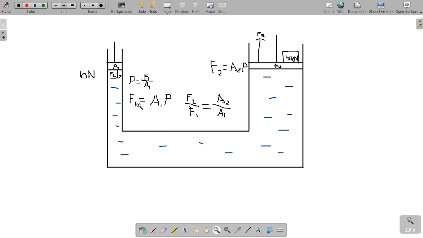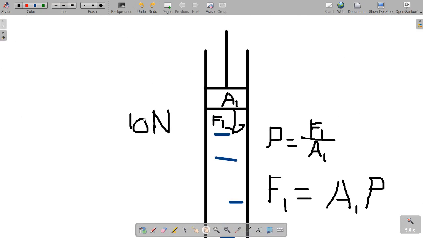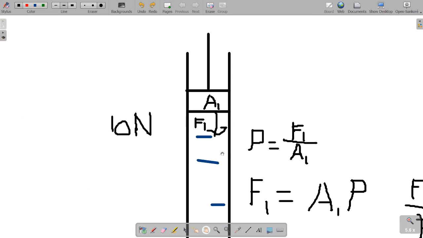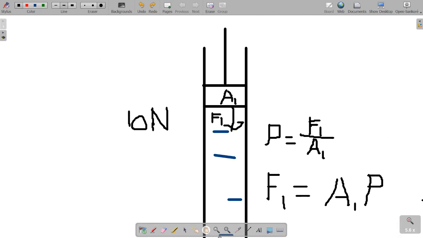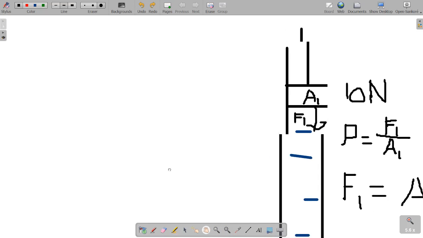Let's zoom in a little further. Wait, let me remove this here. Let us examine what goes on each side.